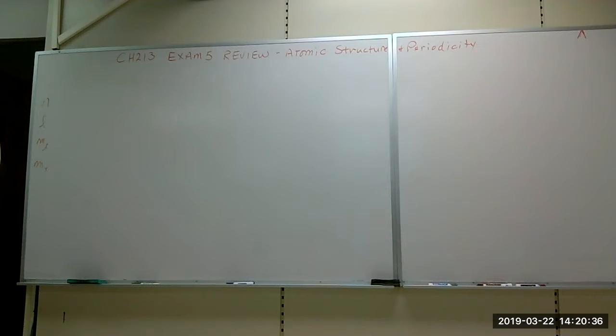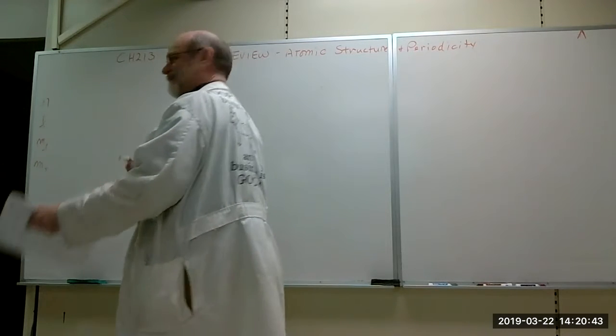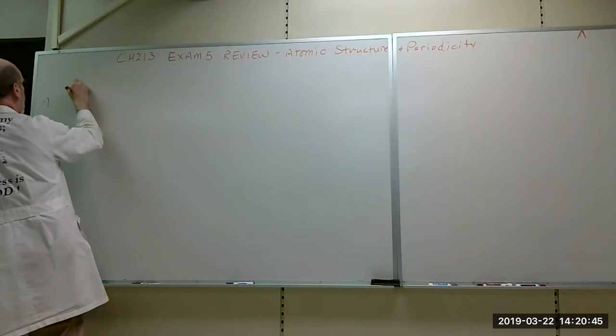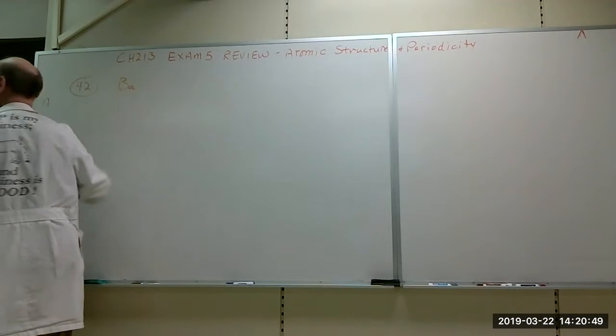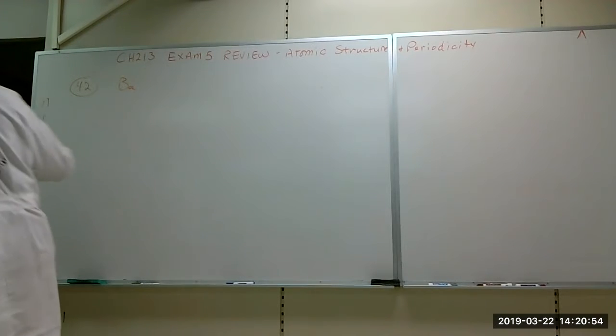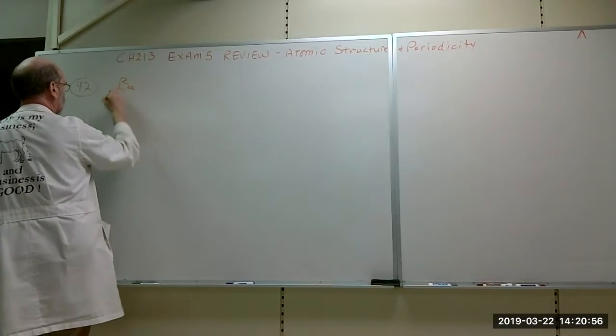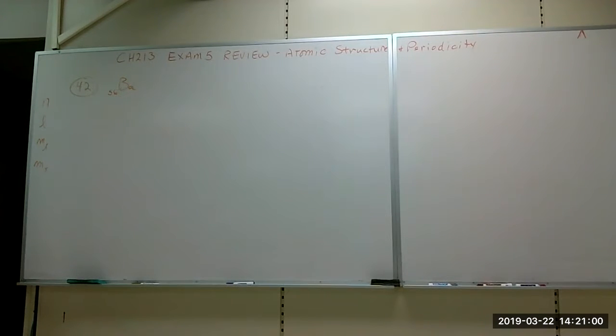That's a tall order, 56 electrons. Let's just do it. We'll do it the long way first. So barium is 56. 56 is Z, or the number of protons, which means for the neutral atom, that's the number of electrons too.